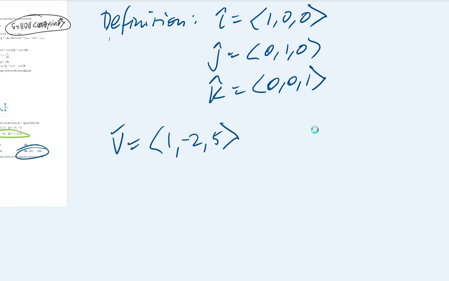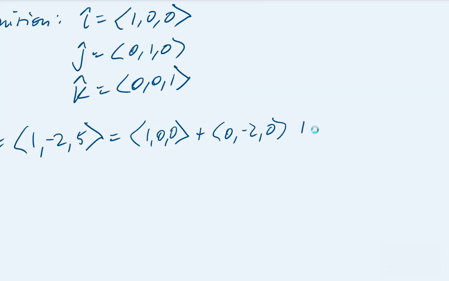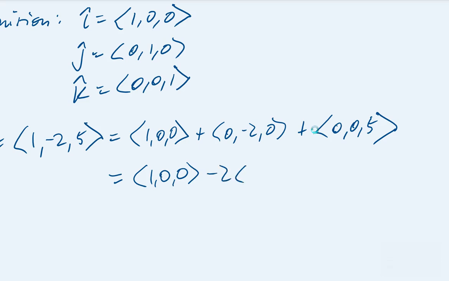Alright? So if you want to take a vector, suppose your vector is 1, negative 2, 5. You can write this as 1, 0, 0 plus 0, negative 2, 0 plus 0, 0, 5. Now, you can always pull a number out. There's nothing to pull out of the first one, but you can pull a negative 2 out of the second one: 0, 1, 0.